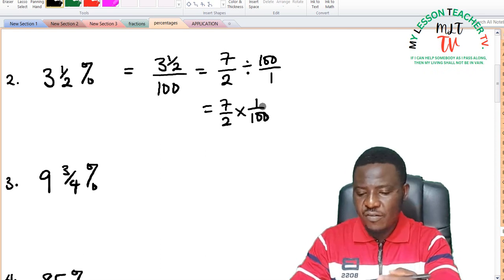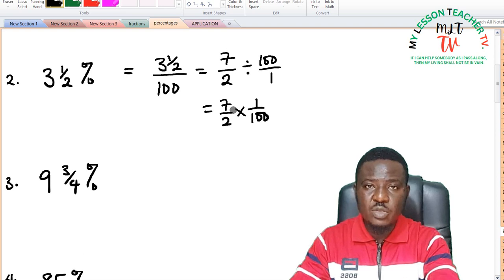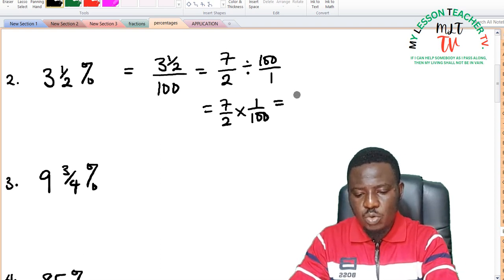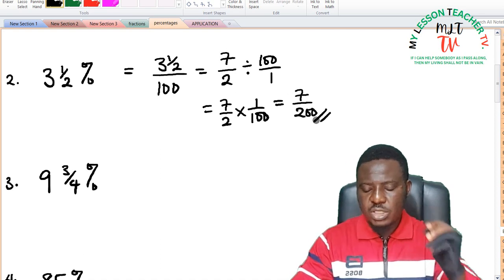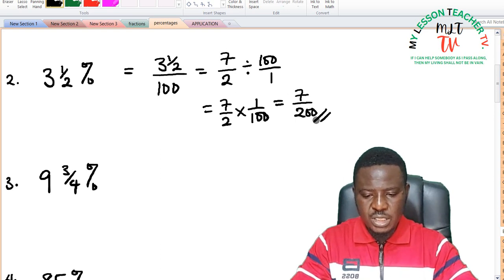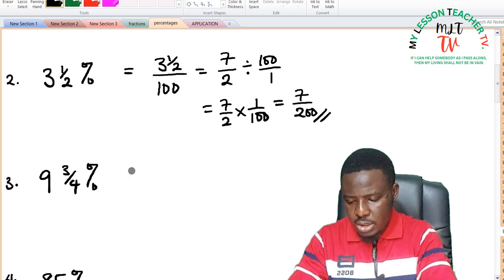So when next I have a mixed fraction, all I will do is multiply that fraction, when converted to an improper fraction, by 1 over 100. So this is equal to 7 divided by 200. And I doubt if there's any common factor between 7 and 200. So this is your answer.